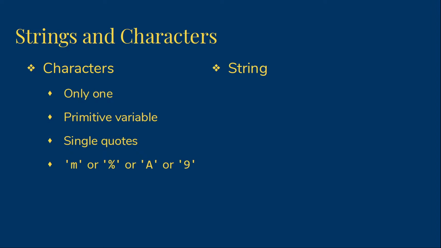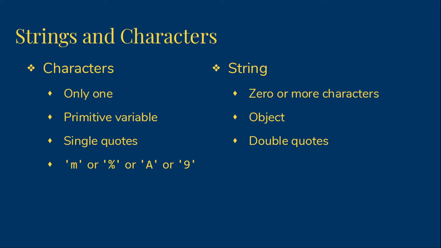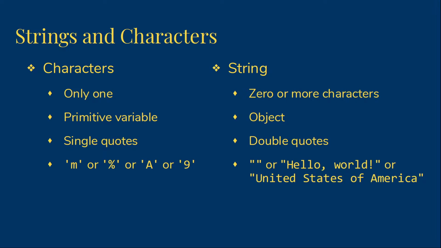On the string side, we have 0 or more characters. The string is an object, so a string variable is an object reference variable like we talked about in our last video. Our string values are set off with double quotation marks rather than single ones. And here are a few examples of string values.